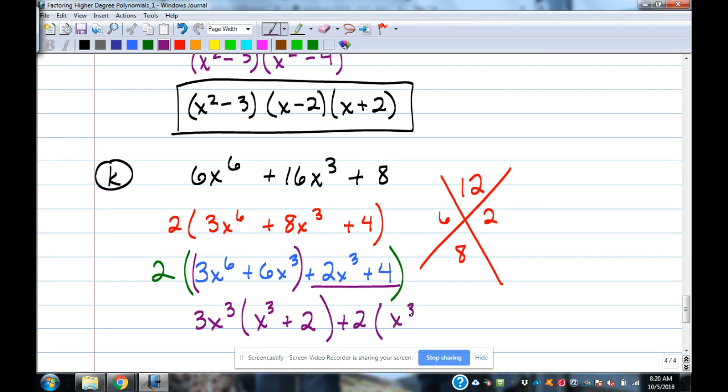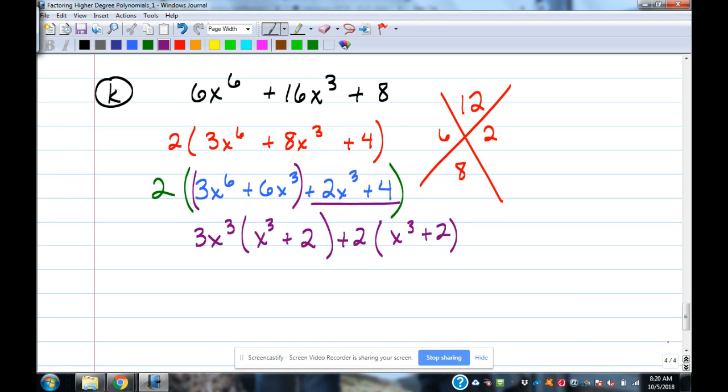So that'd be x cubed plus 2 in parentheses. They match. Means I did something right. Parentheses matching there. So my factored form here, you've got the 2 that we pulled at the beginning. What are my next 2 factors? Plus 2. And the last one.